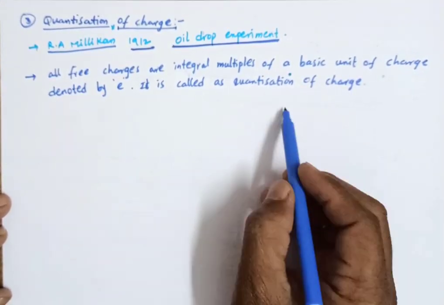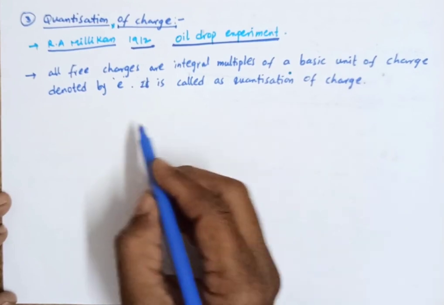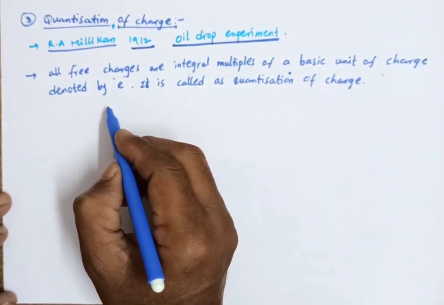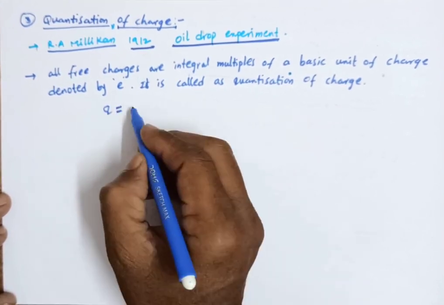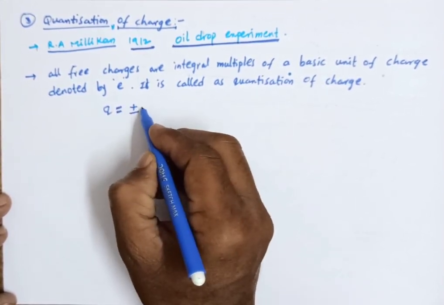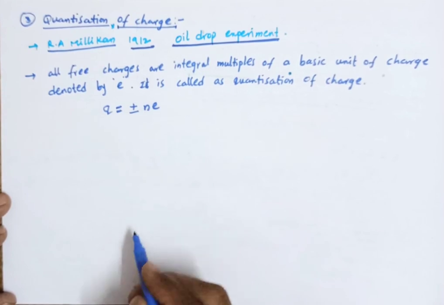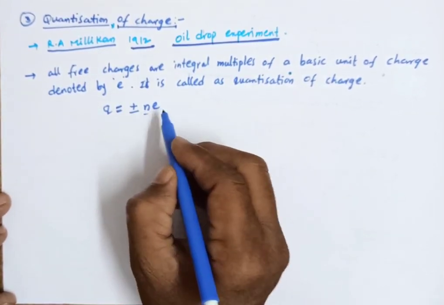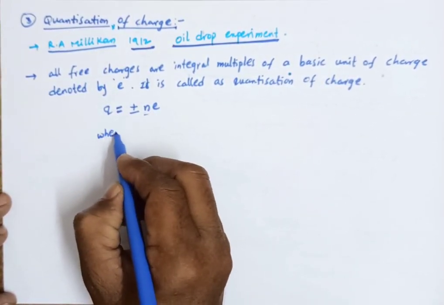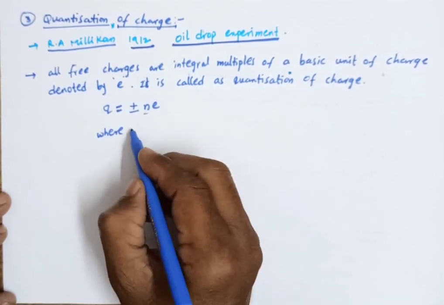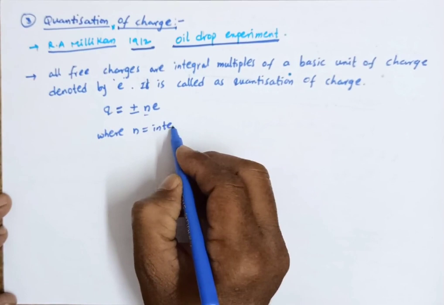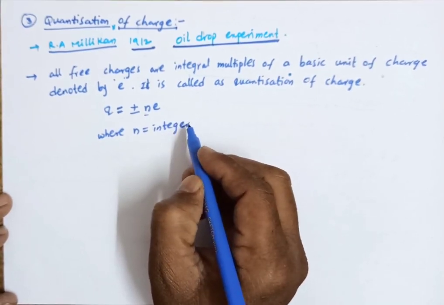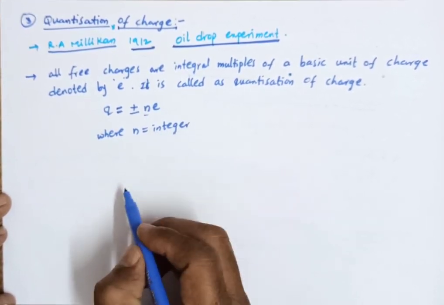The quantization of charge is denoted as Q, the charge of the body, equals plus or minus n e, where n is an integer.